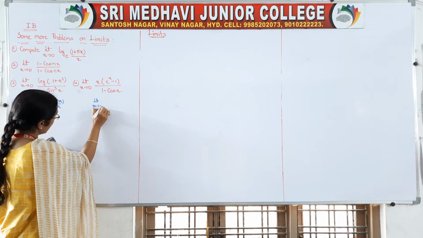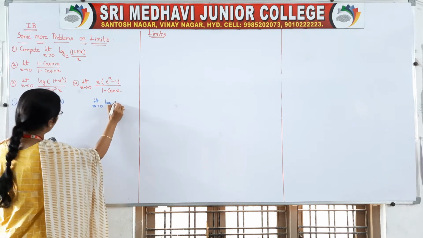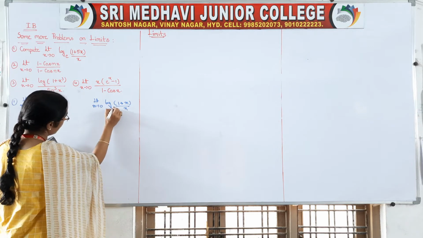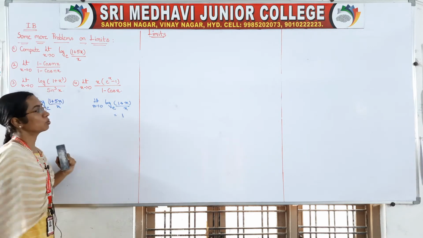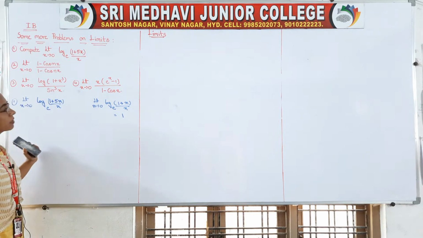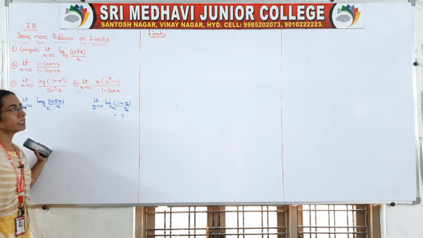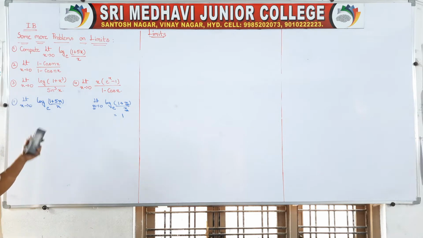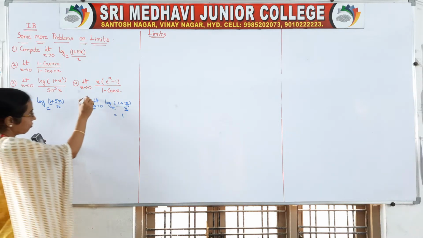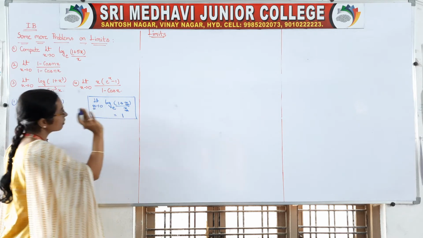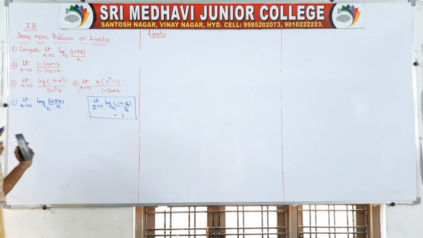Limit x tends to 0 of log of 1 plus x by x, base e, is equal to 1. That means these three must be the same. Then we can apply this formula, one standard formula of limit, whenever log is there, right? So mostly we will use this standard formula in limits.